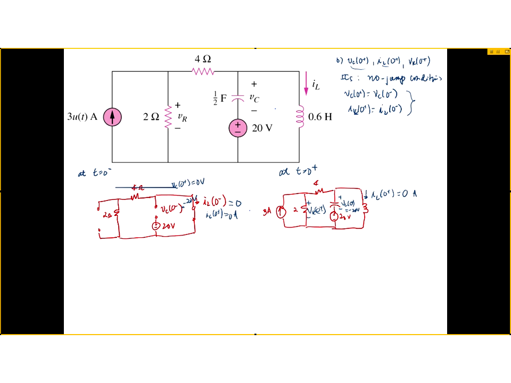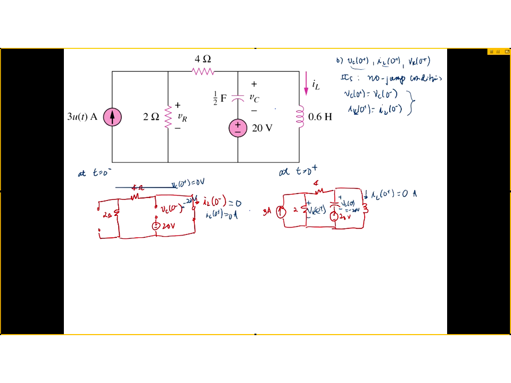If the voltage across the capacitor is still minus 20, the node voltage up here would still be 0, which means the voltage across the inductor is still 0. But it's not because of the inductor, it was actually because of the capacitor. So capacitors control voltages, inductors control currents.